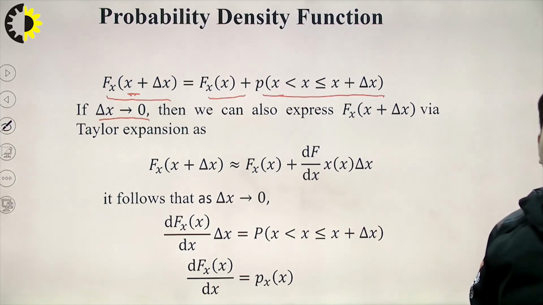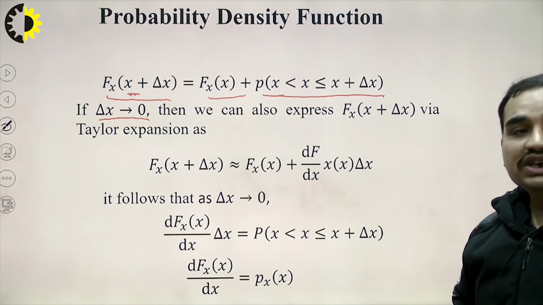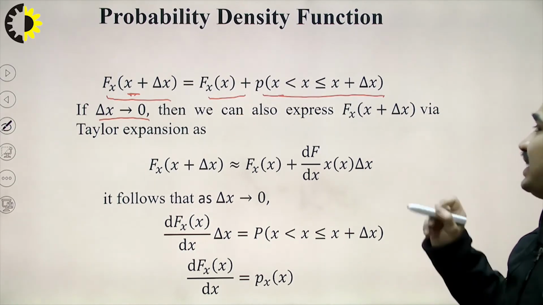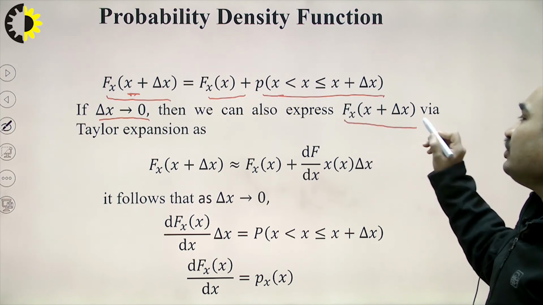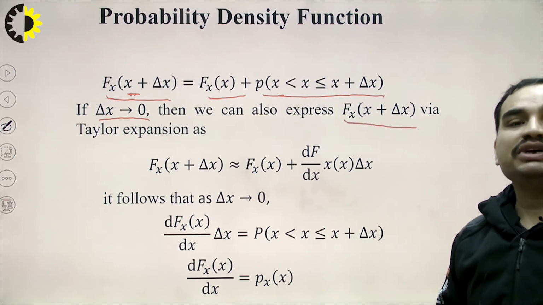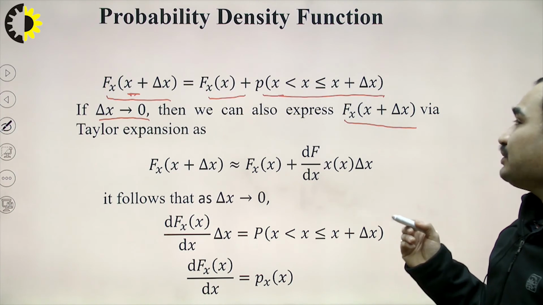So if we consider that del x tends to 0, then we can also express the cumulative distribution function F of x plus del x via the Taylor expansion.